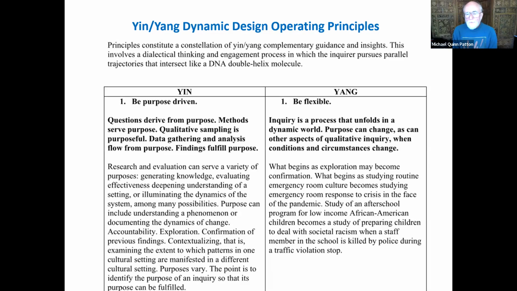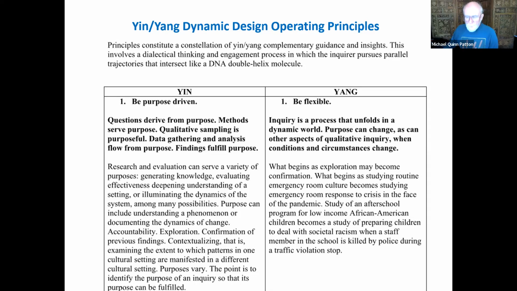A study of an after-school program for low-income African American children becomes a study of preparing children to deal with societal racism when a staff member in the school is killed by police during a routine traffic violation. We actually experienced that example. So being purpose-driven and being flexible, rather than being separate principles, in this framing become yin and yang.